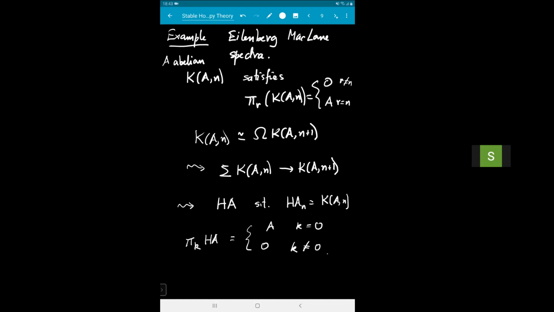And there is a separate story, which I will not go into here: starting from a generalized cohomology theory, you can construct a spectrum, because there is a theorem called the Brown representability theorem.